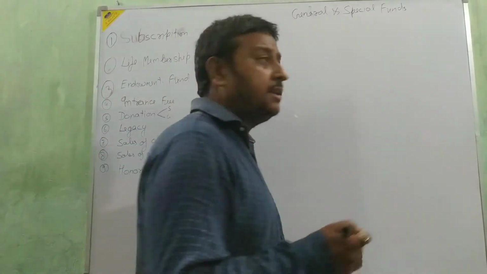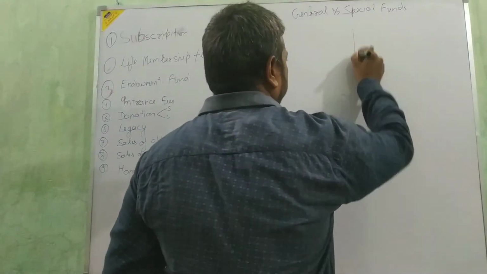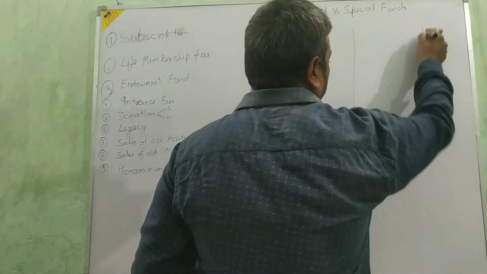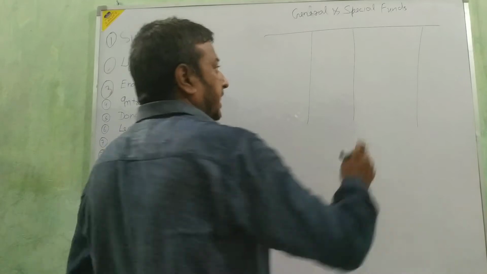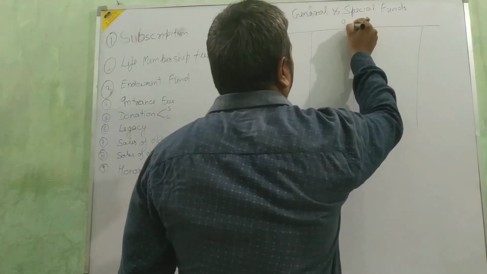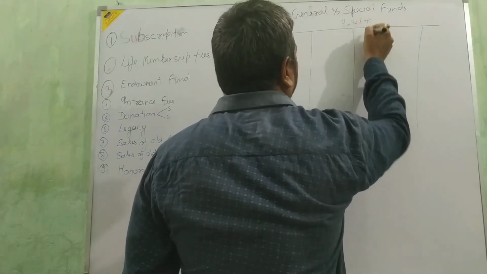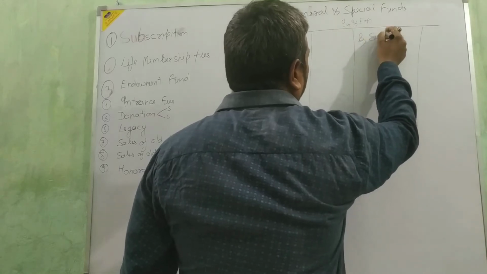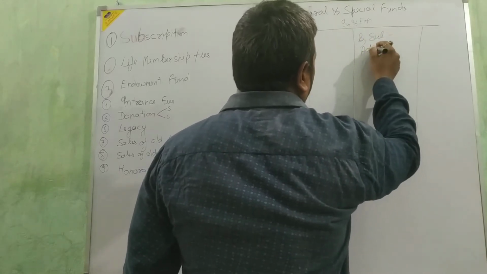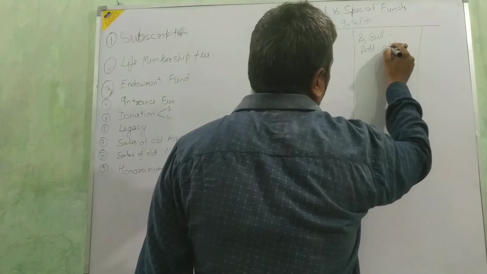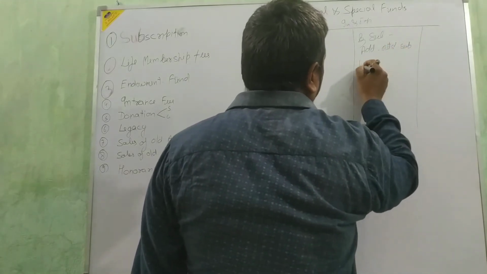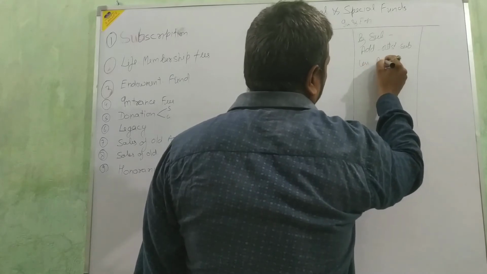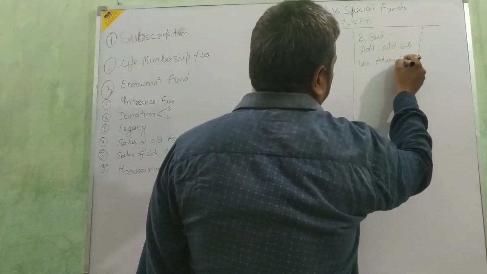In this subscription, we write like this. In the income and expenditure account, we show subscription, add outstanding subscription and less advance subscription.